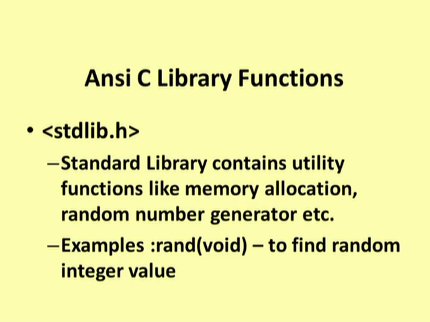If I want to allocate some memory, then malloc, calloc and free functions are available in the standard library. The code is available in stdlib.h, and we have to utilize that code by calling that specific function.